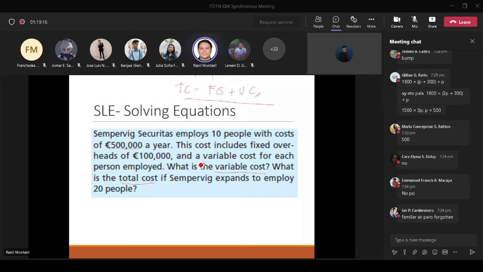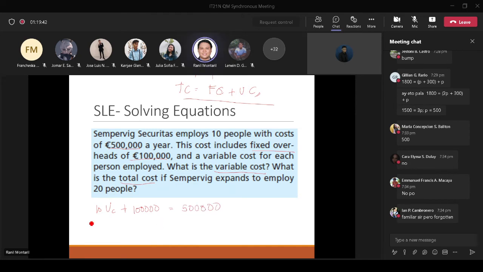This cost has a fixed overhead na 100,000 and variable cost for each employee. Therefore, the formula is anong fixed cost natin? So we have here what is our variable cost? So, syempre, 10 times the variable cost plus 100,000 is equal to 500,000.